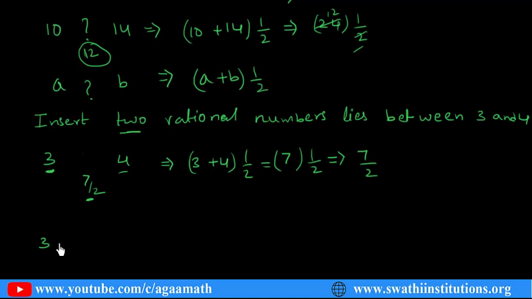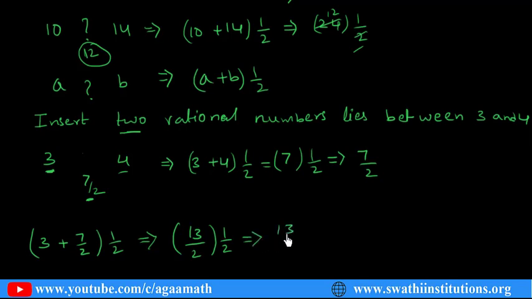So 3 plus 7 by 2, of 1 by 2. If you simplify this, what do you get? 13 by 2, of 1 by 2. What is it? 13 by 4.